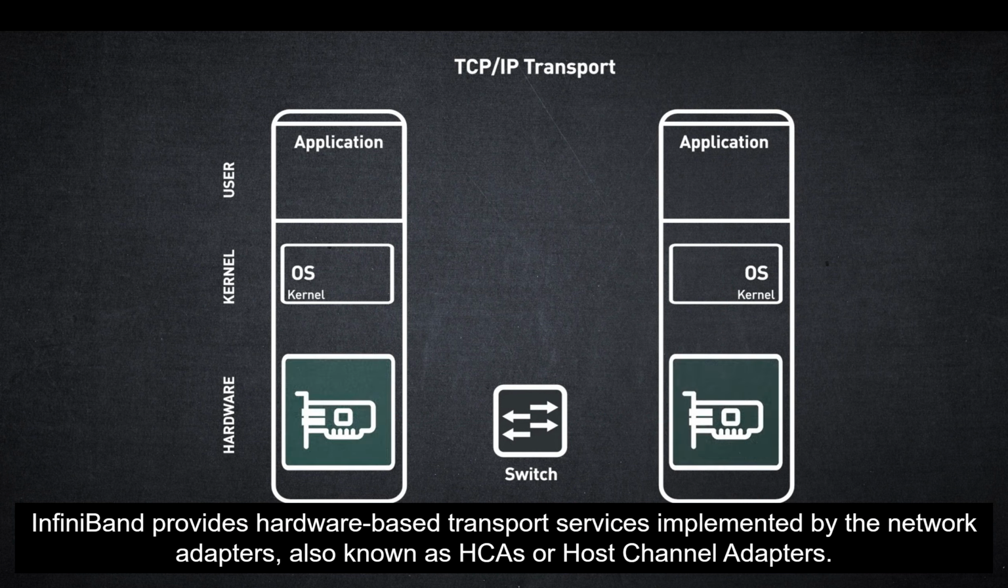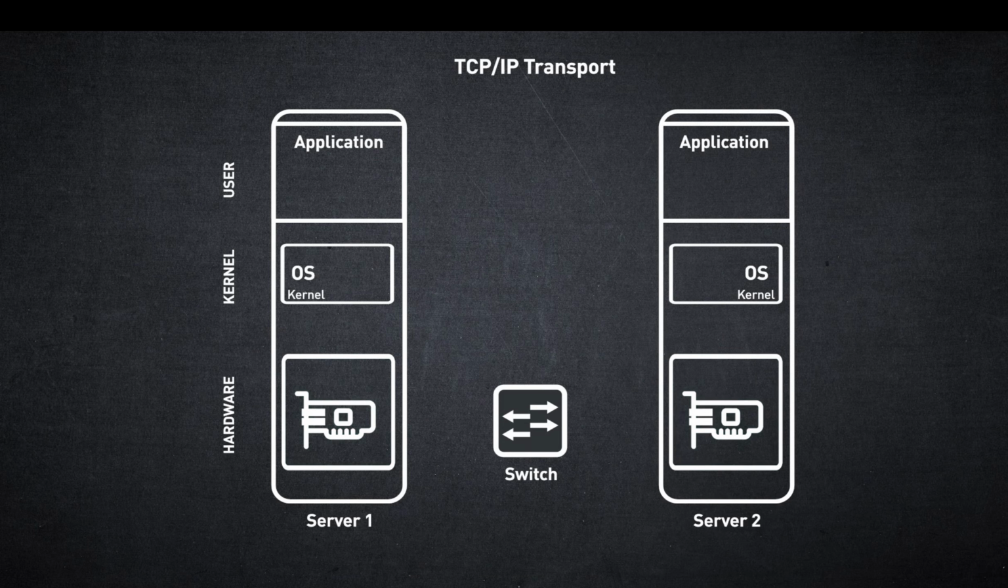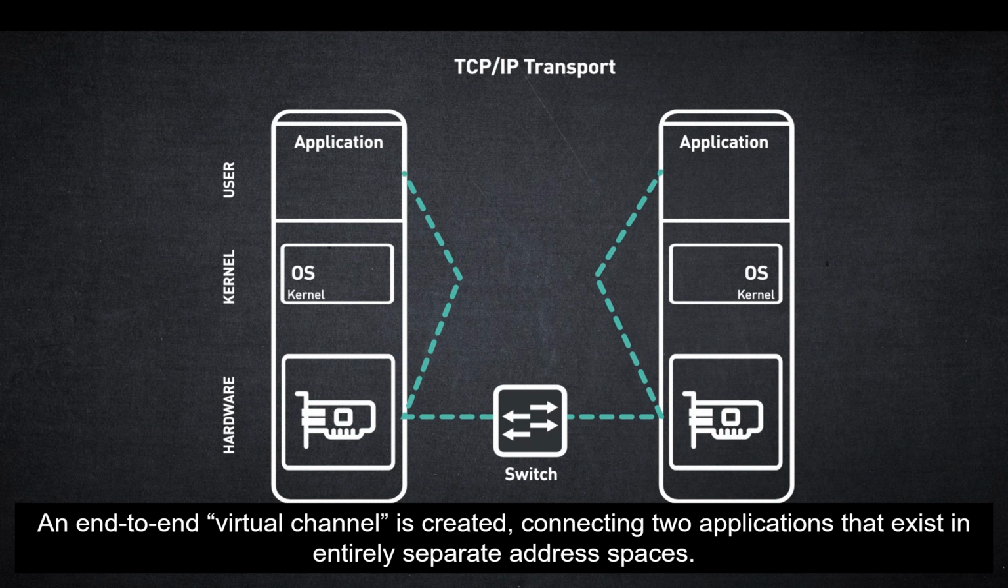InfiniBand provides hardware-based transport services implemented by the network adapters, also known as HCAs or host channel adapters. An end-to-end virtual channel is created connecting two applications that exist in entirely separate address spaces.